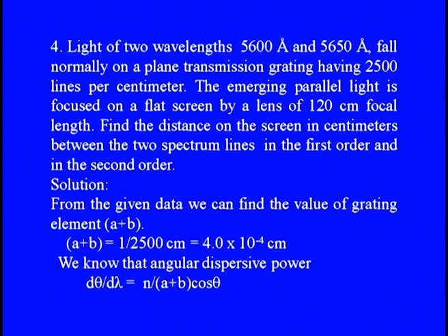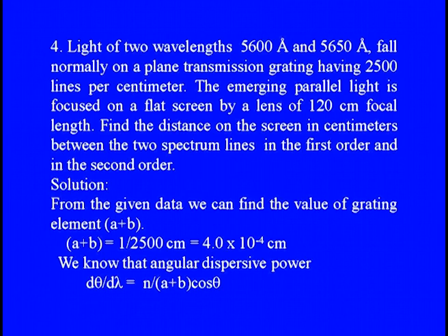Question number 4. Light of two wavelengths 5600 angstrom and 5650 angstrom fall normally on a plane transmission grating having 2500 lines per centimeter.